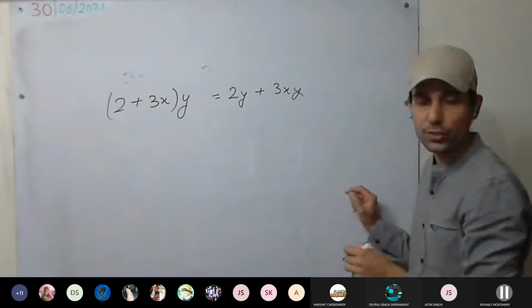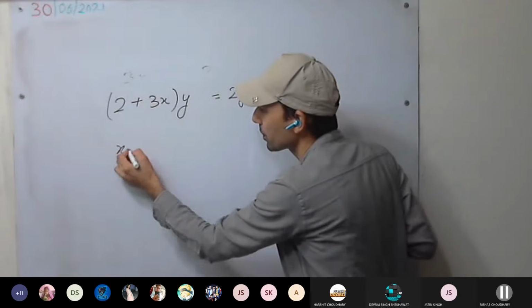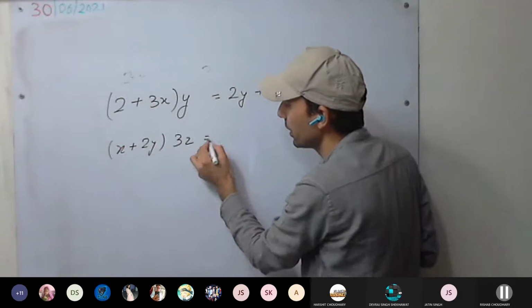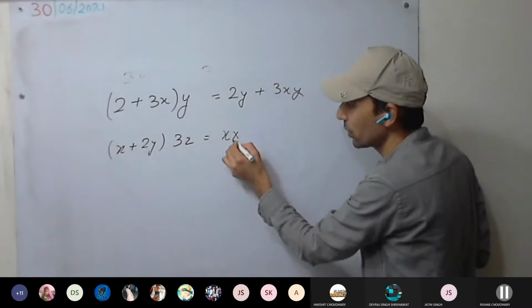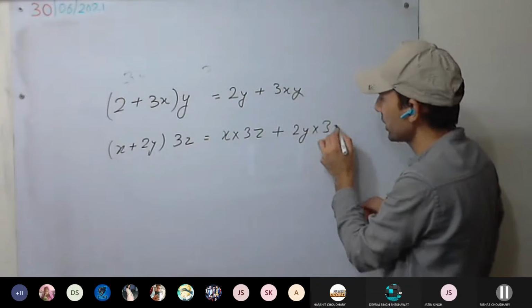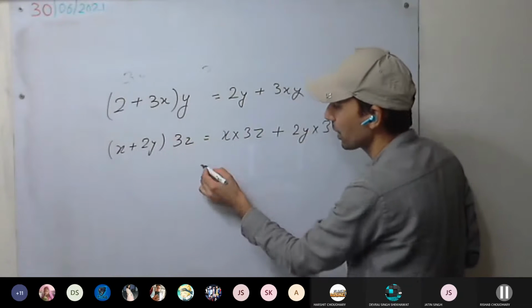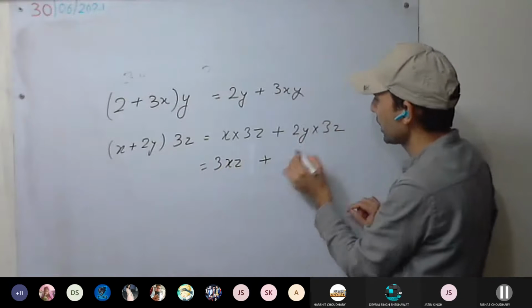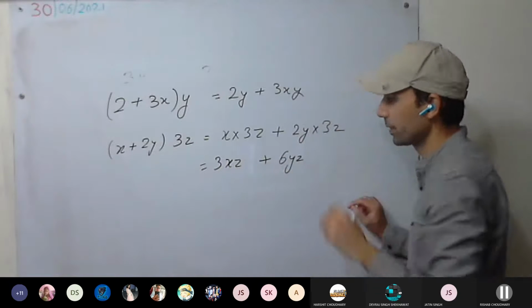Understood this one? Or if it is written x plus 2y into 3z, it is x into 3z plus 2y into 3z. We have distributed them. It is 3xz plus 6yz.